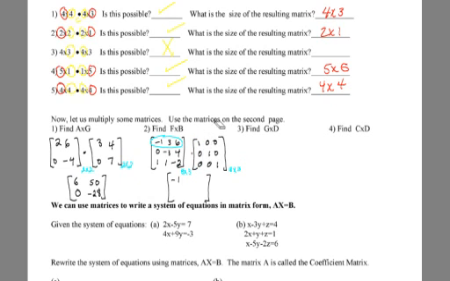Watch when I multiply it by the second column. Negative 1 times 0, 3 times 1, 6 times 0. So negative 1 times 0 is 0, 3 times 1 is 3, 6 times 0 is 0, so I'm just left with the number 3.